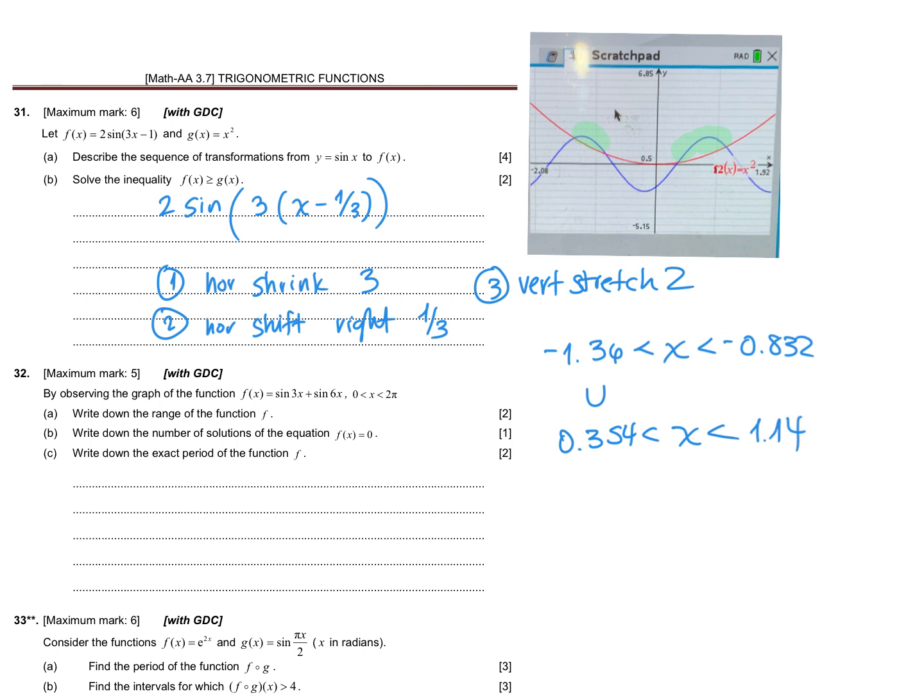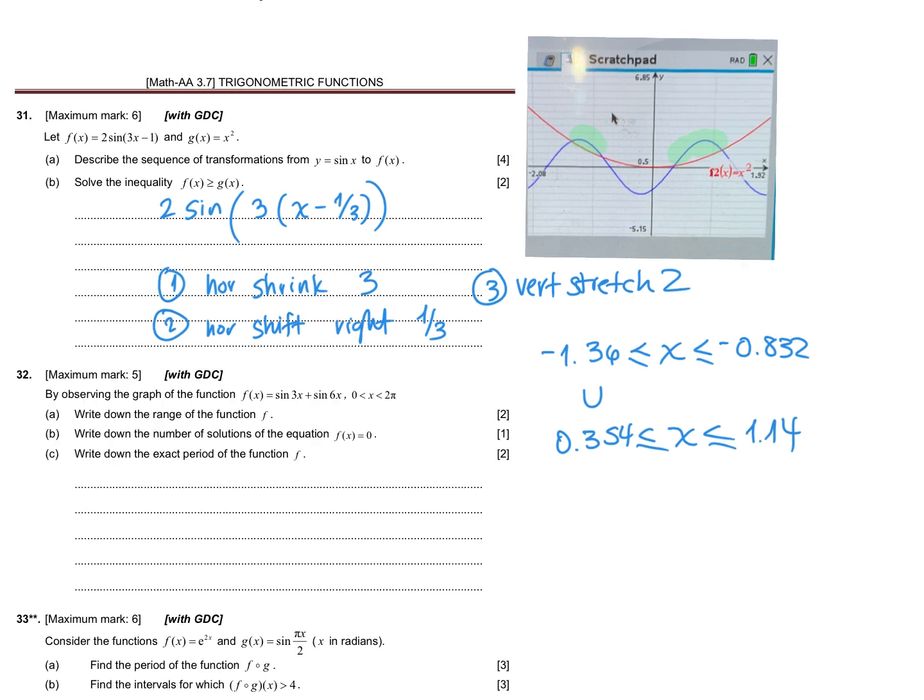That's when sine's greater than the parabola. And these are like this. I think they're usually like this. I don't really like doing that because they're rounded, but whatever.